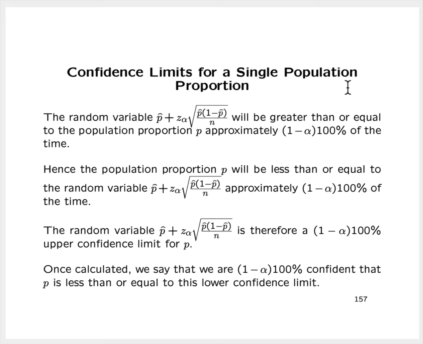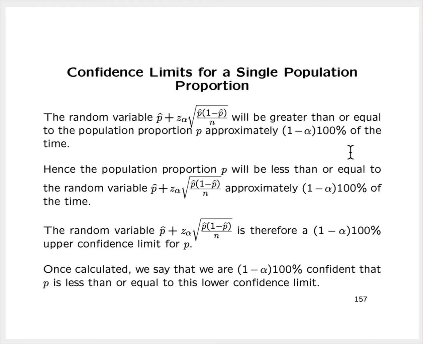That means that in repeated sampling, this random variable will be greater than or equal to the population proportion p, approximately 1 minus alpha times 100% of the time.